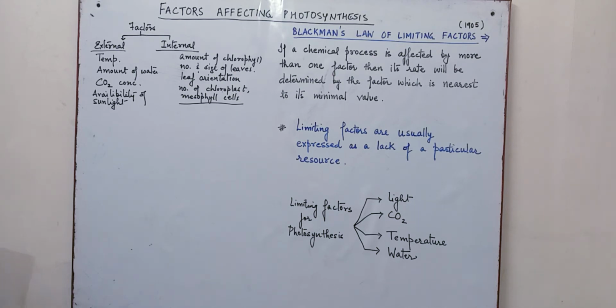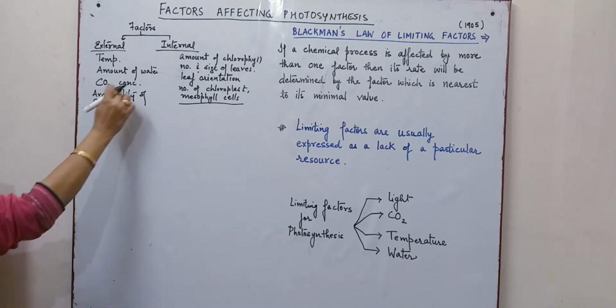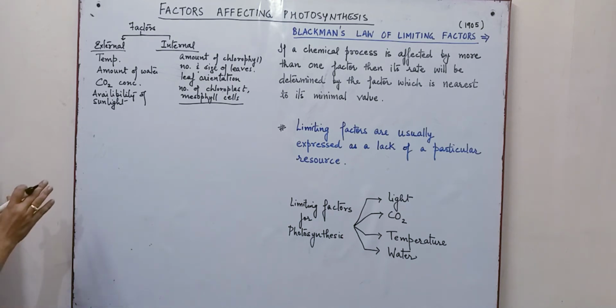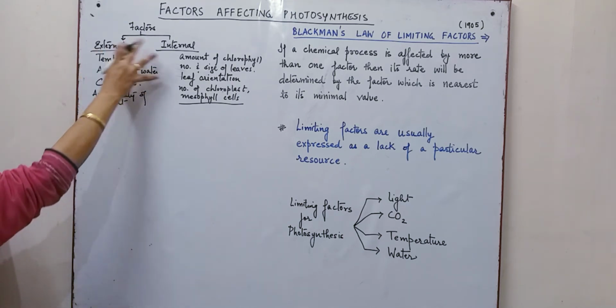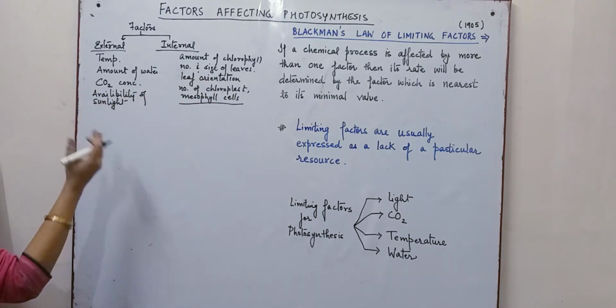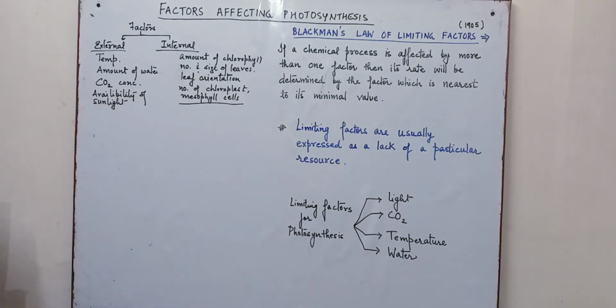Now, during the process of photosynthesis, several of these factors work together and they affect the rate of photosynthesis. That means all these factors interact variously to perform photosynthesis. Now, the rate at which carbon dioxide is fixed: photosynthesis, in other terms, is the rate of fixation of carbon dioxide.